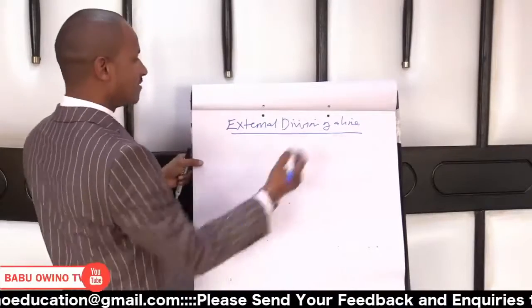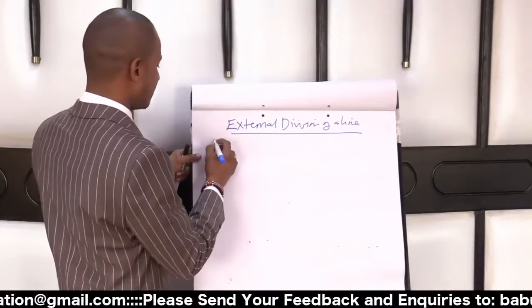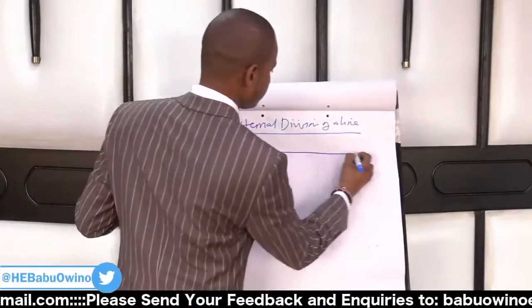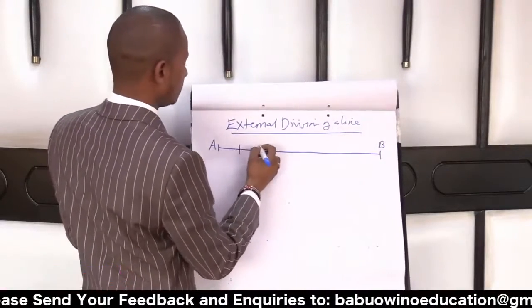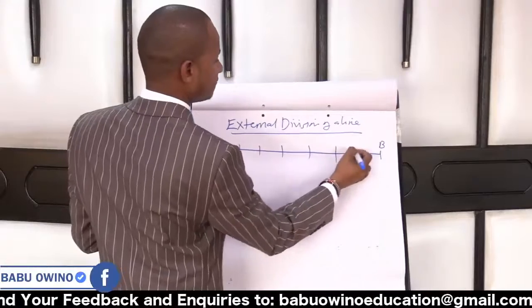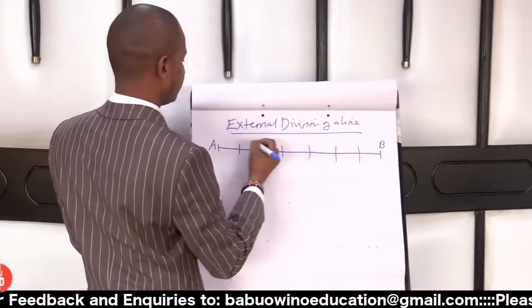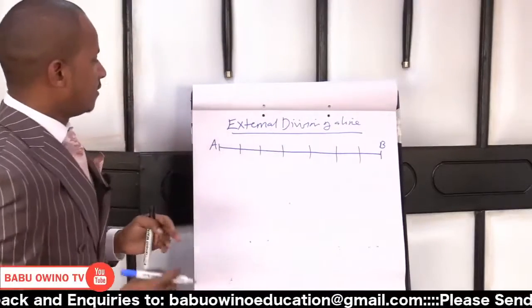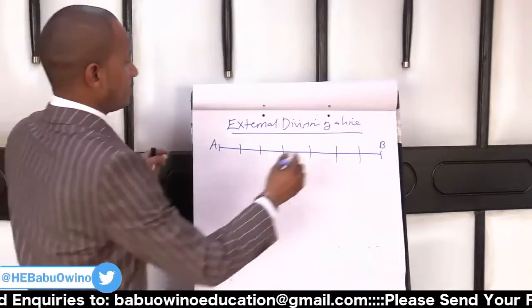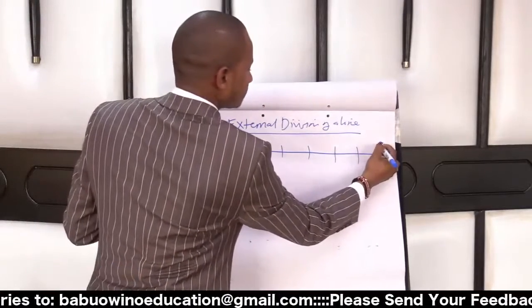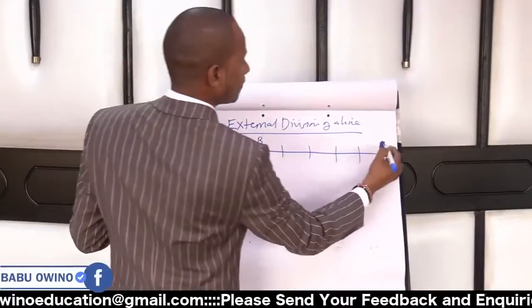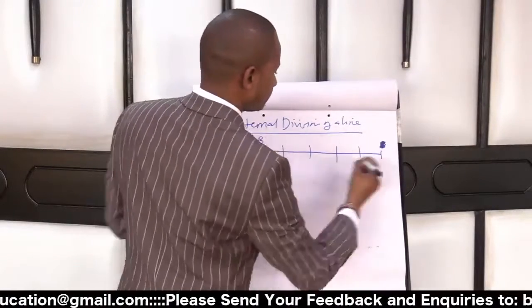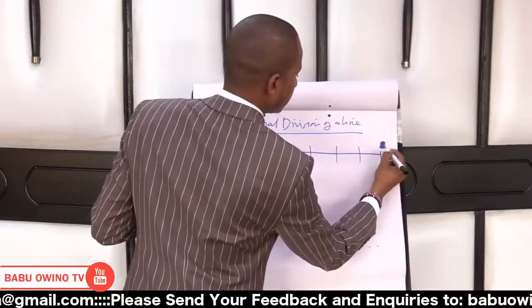Now, external division of a line. Let's say we have line AB divided into 1, 2, 3, 4, 5, 6, 7. We have our B here and our P here.